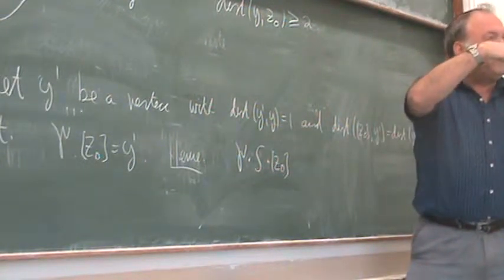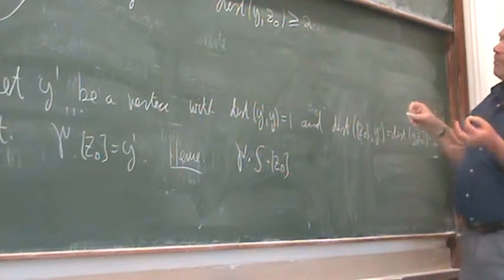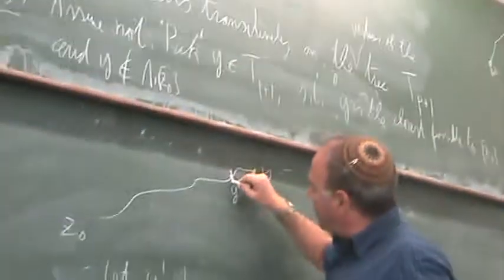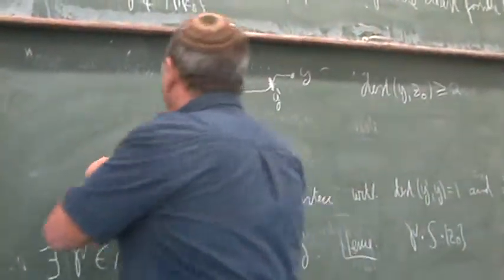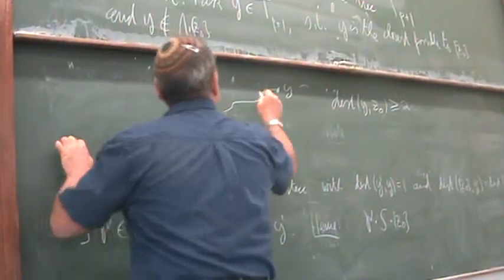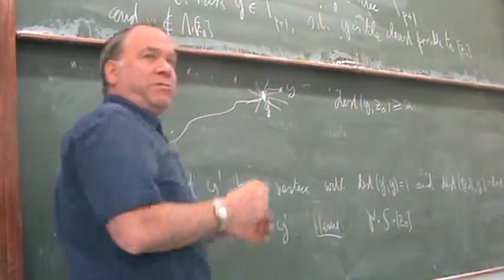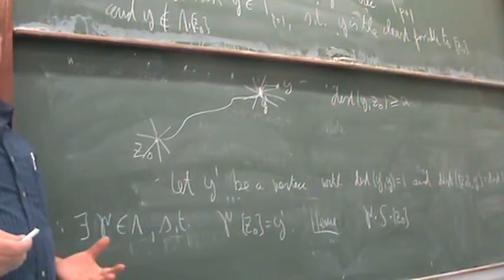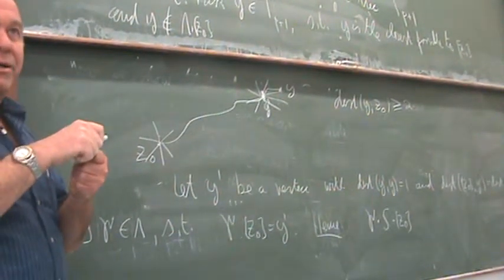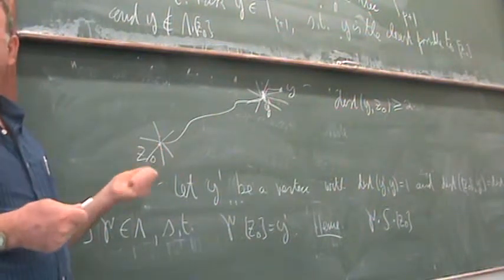Now gamma takes z naught to y prime, so gamma will take the neighbors of z naught to all the neighbors of y prime, because it preserves the combinatorial structure. One of these neighbors of y prime is y, because it has p plus 1 neighbors also.